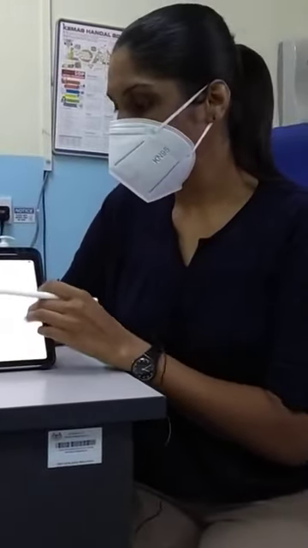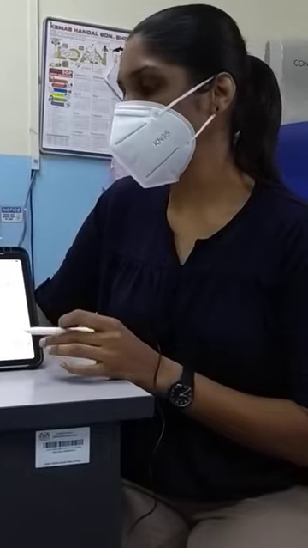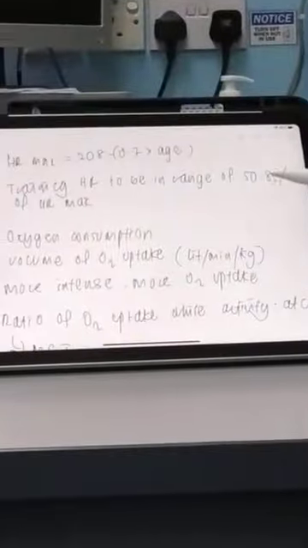Then oxygen consumption, which is how much oxygen is being taken up. It is measured in liters per minute per kilo. The more intense the activity, the more oxygen uptake.